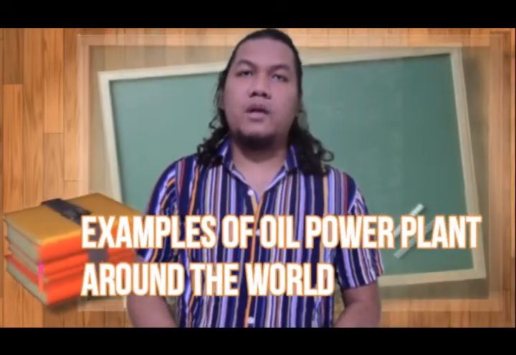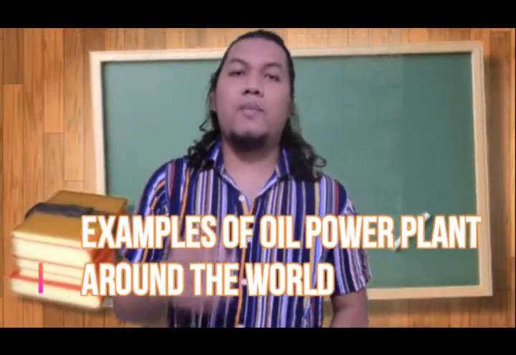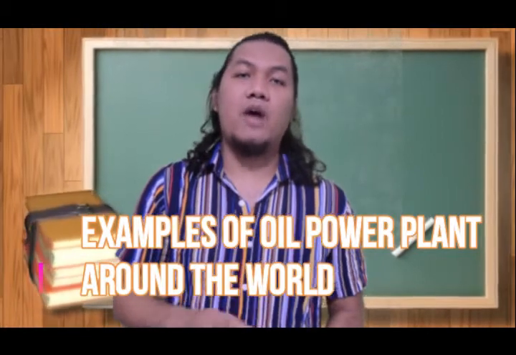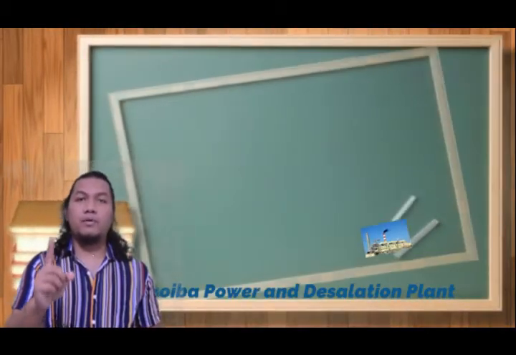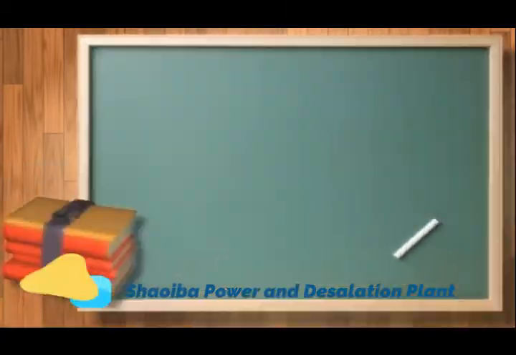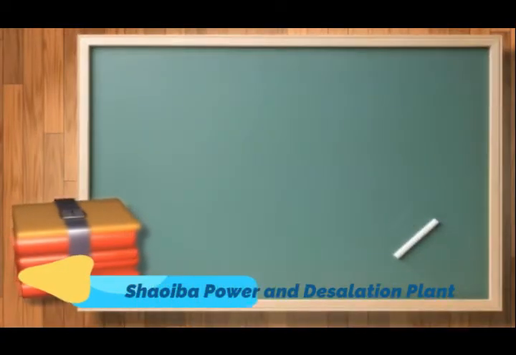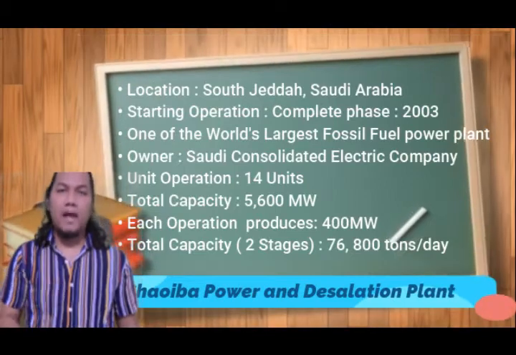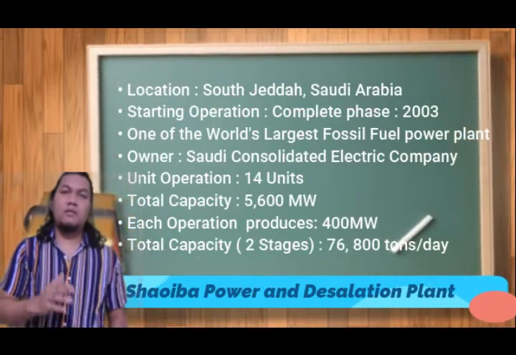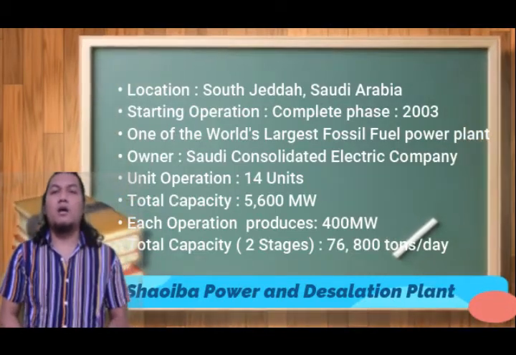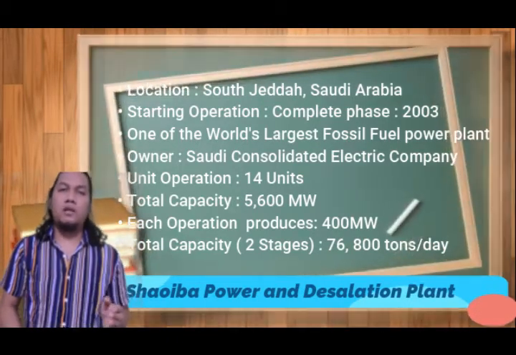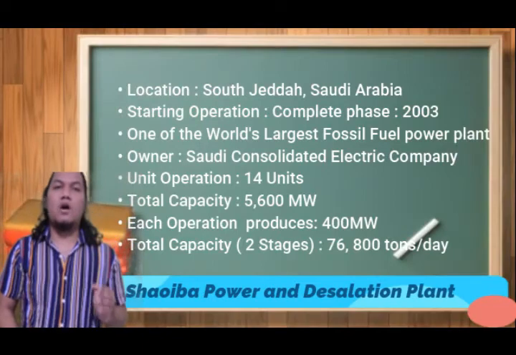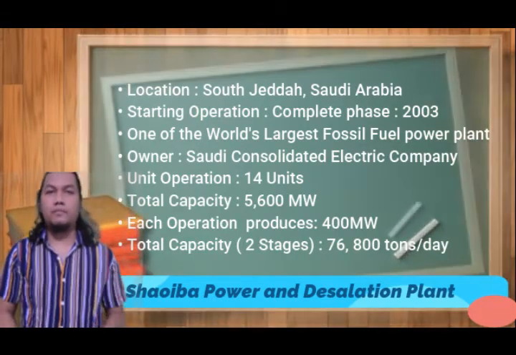Let's have some examples of oil-fired power stations around the world. Number 1. Shoaiba Power and Desalination Plant. Shoaiba Power and Desalination Plant is located in South Jeddah in Saudi Arabia. It started operating in complete phase in 2003.